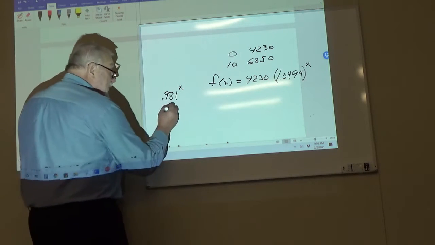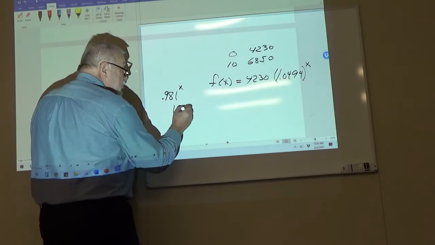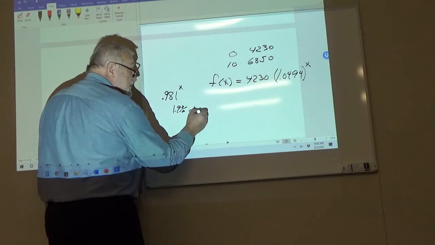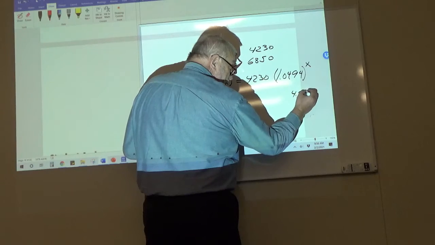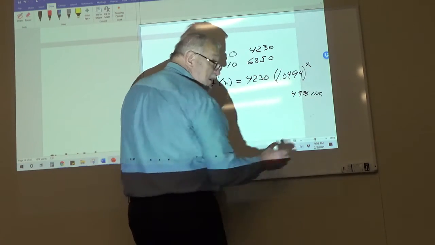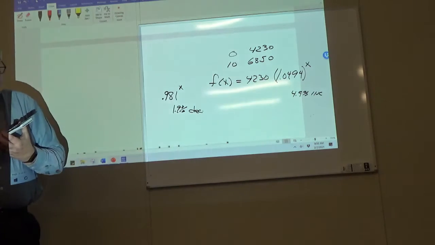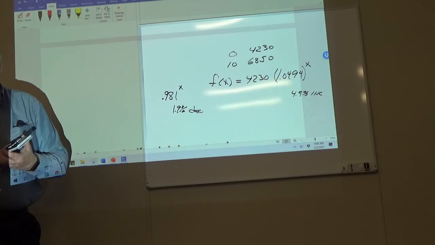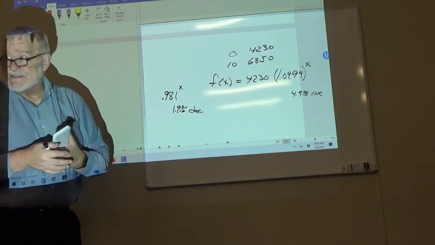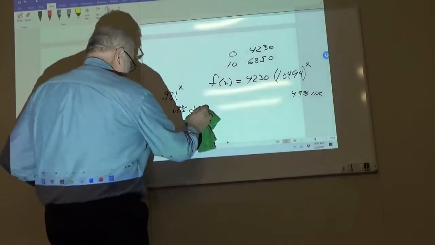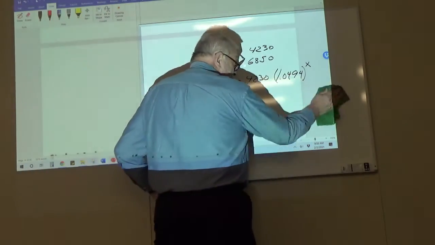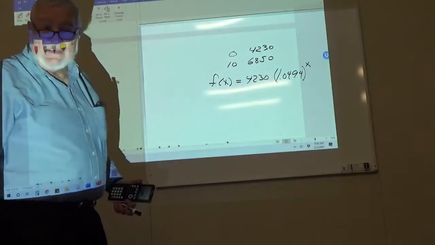So this will be a 1.9% decrease, and this is a 4.9% increase. All right, does that make sense? Now that wasn't part of the lesson, but that's a good analysis that you should be able to figure. Okay?